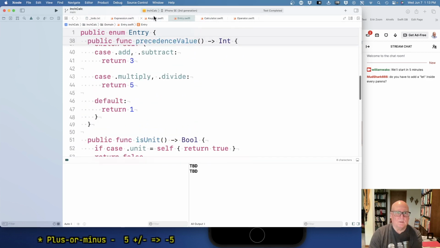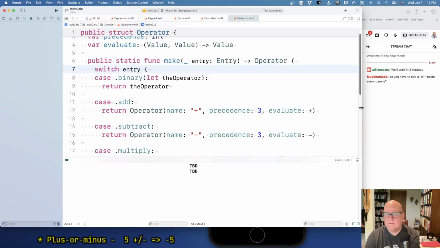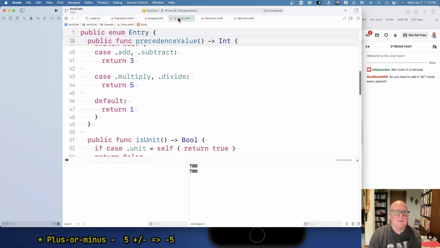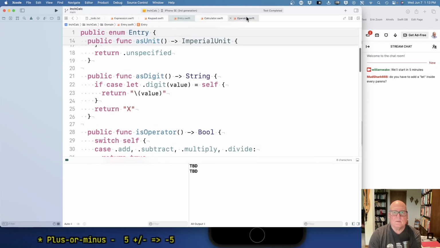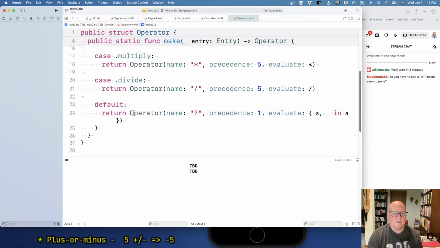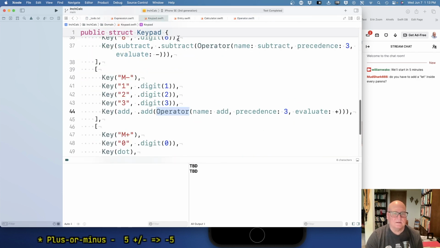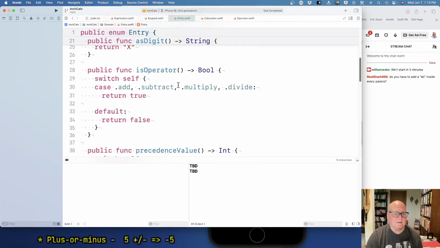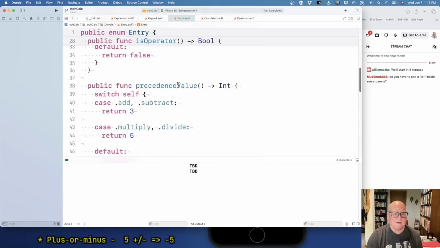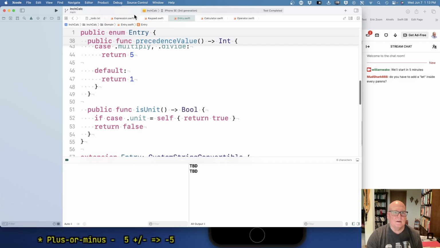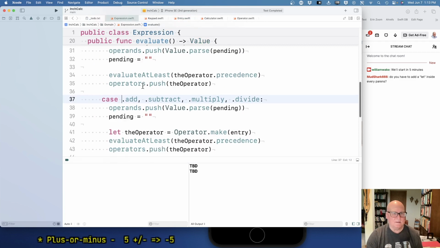Okay, so I'm going to try and pull some of the case stuff out. I don't think that should matter. Let's see, operator. Which one was I working on? Jeez. Entry. Expression. Okay, we'll try it though.